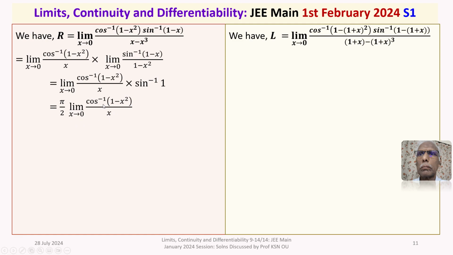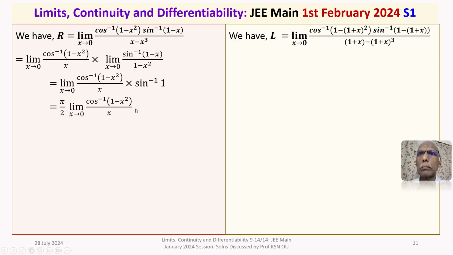Now, as x tends to 0, 1 minus x square will be 1. Cos inverse of 1 is 0, so it is 0 by 0. It takes the form 0 by 0, which is an indeterminate form. To evaluate this one, we apply L'Hopital's rule.